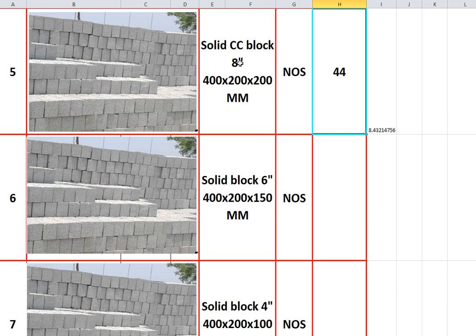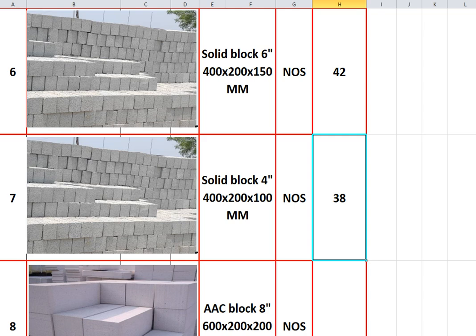This one block is equivalent to about 8.5 bricks in size, so that is why the price difference is there, and this is much more economical compared to bricks, but it is heavier in the construction work. The 6 inch block is 42 rupees per number, and the 4 inch block is 38 rupees per number.